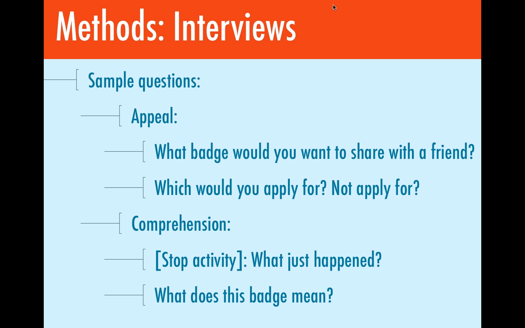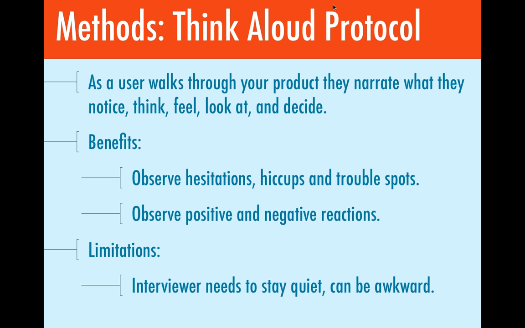If you're testing comprehension, say someone applies for a badge and you watch them apply, you might stop them and say, okay, what just happened? Do you understand what you just did? What does this badge mean to you? Those are both pretty solid questions when it comes to comprehension.